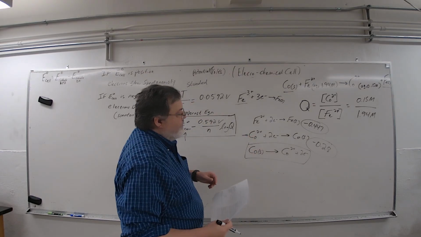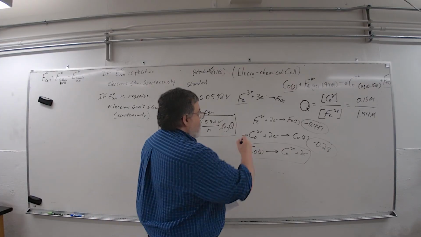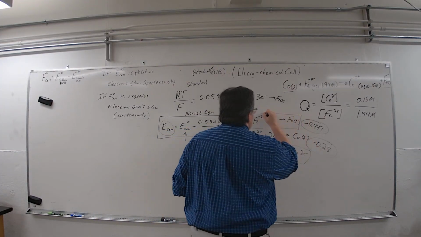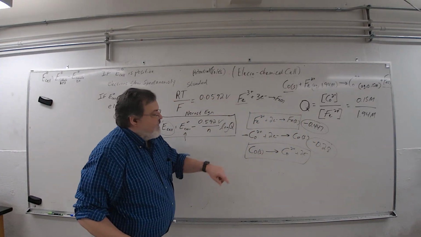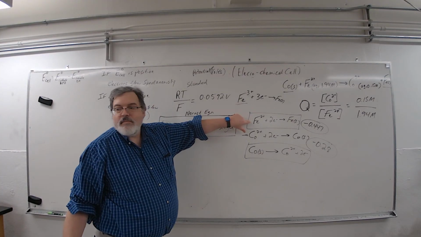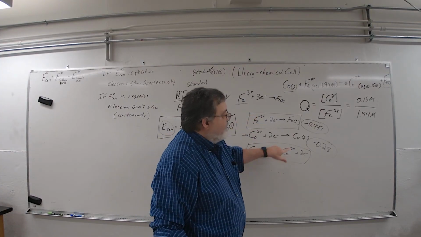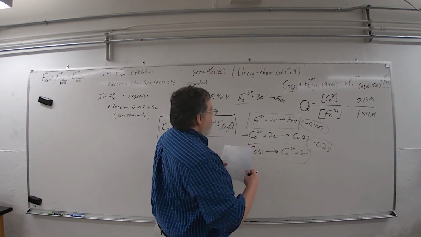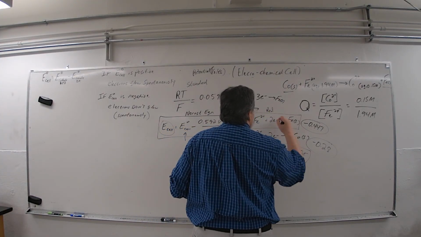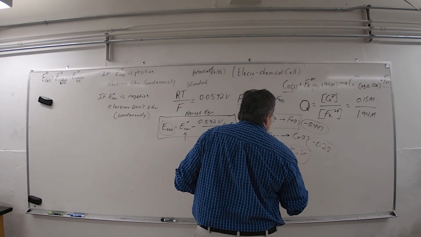All right, so this is the one where reduction is taking place. Do you see that? The charge on Fe is going from +2 down to 0. So this is reduction, and this is oxidation.